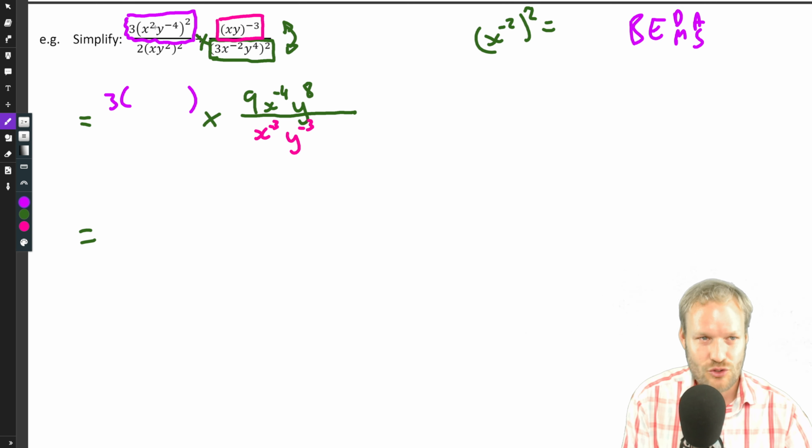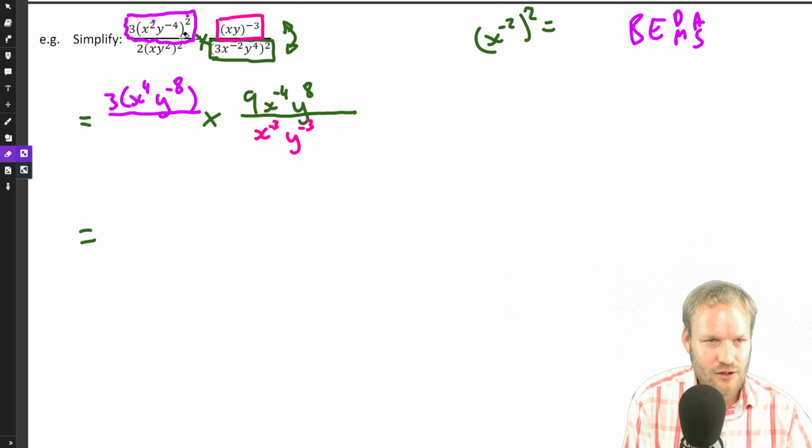So x squared squared, well, we're going to multiply these two exponents. 2 times 2 is 4, so we've got x to the 4. And then we've got y to the minus 4 squared. Again, we're going to multiply exponents, so minus 8. And then we're going to multiply that by 3. Notice that we're not going to do something like distributing because we've only got one term in the brackets. Okay, so that's the numerator.